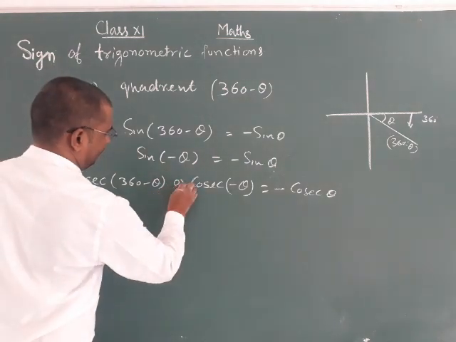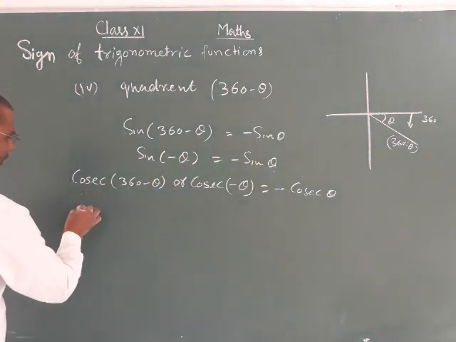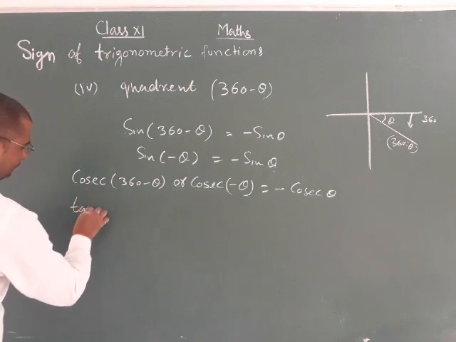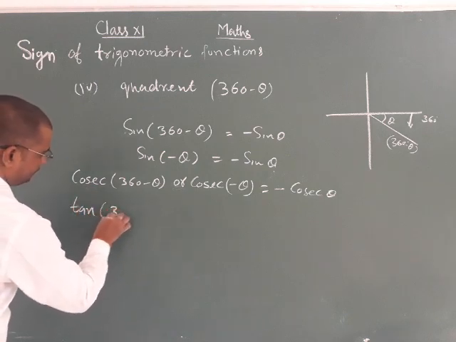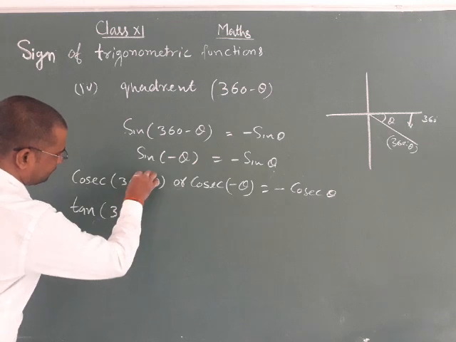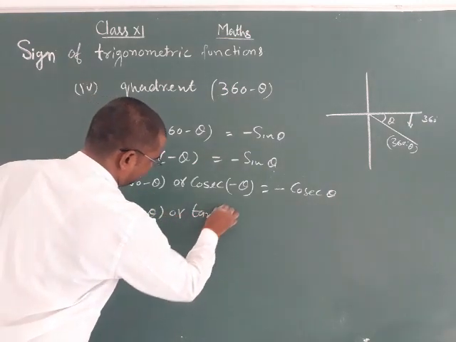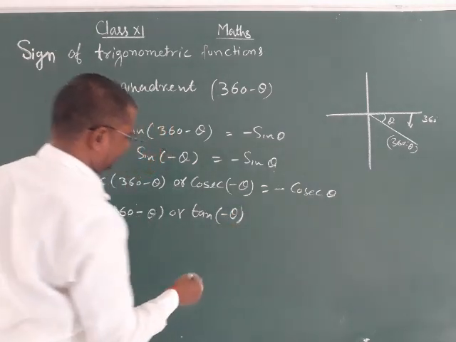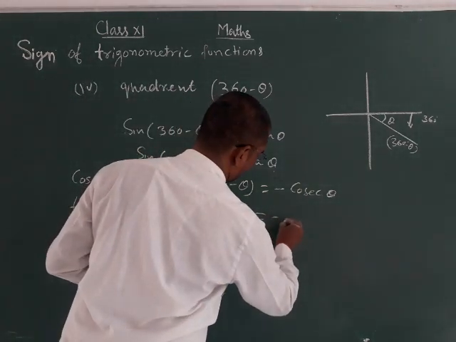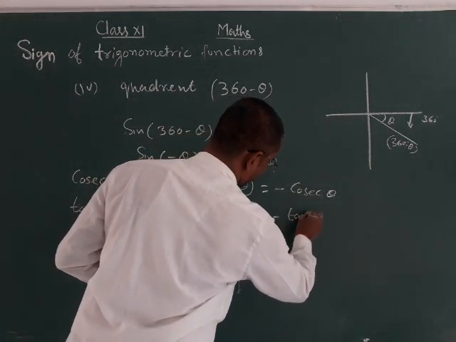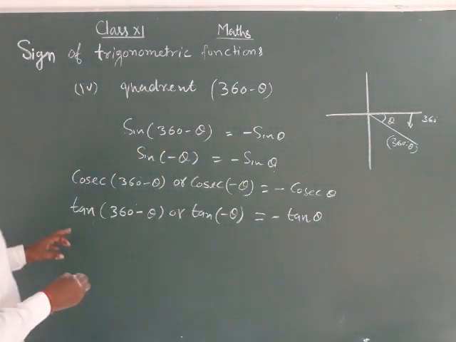Tan(360 minus theta), or tan(minus theta), is equal to minus tan theta.